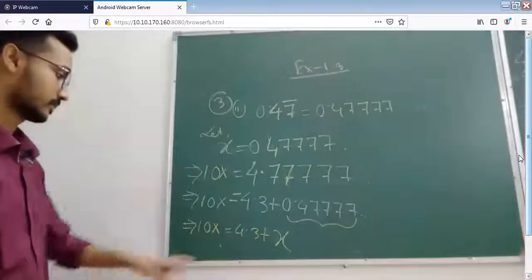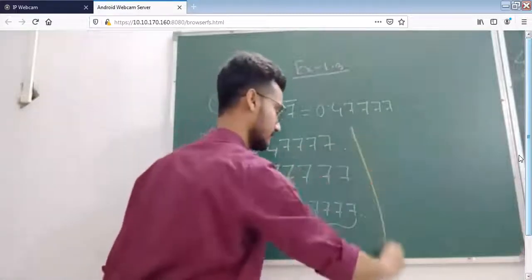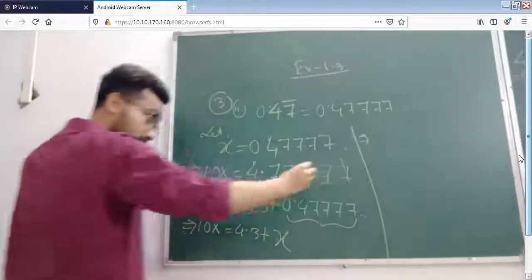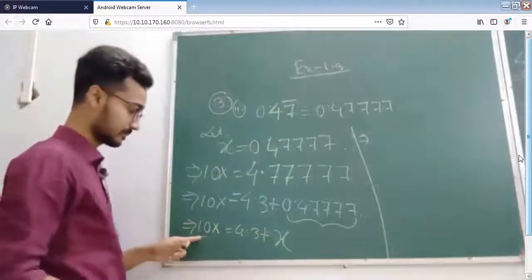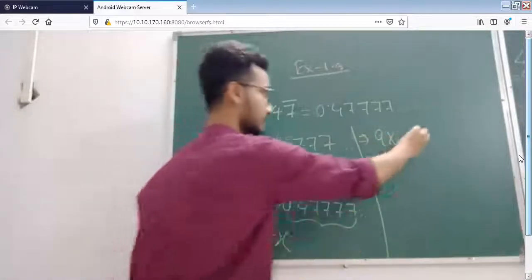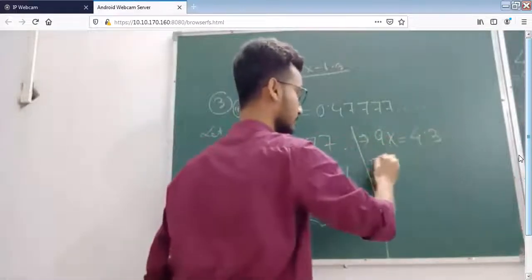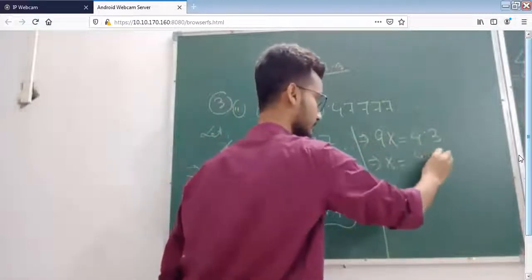Now see, don't forget to give the dots. Now if you take x to the left hand side, it will be 9x. So 9x equal to 4.3, so x will be 4.3 by 9.